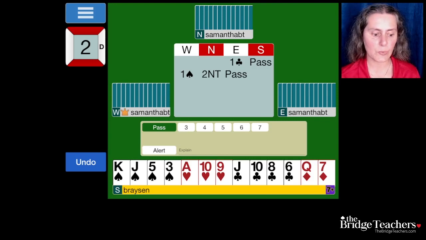When we apply this process to this bid, we have to think about partner's other options. If partner had 15 to 18 points and a balanced hand and a stopper in the opponent's suit, partner would have bid one no trump. So let's say partner had more than that, what would partner's bid have been?